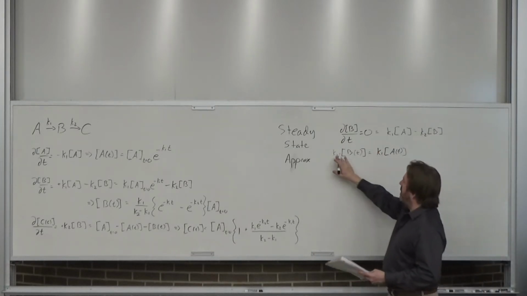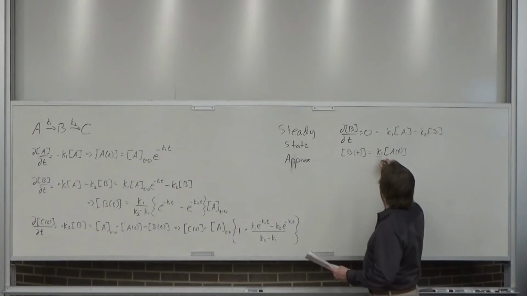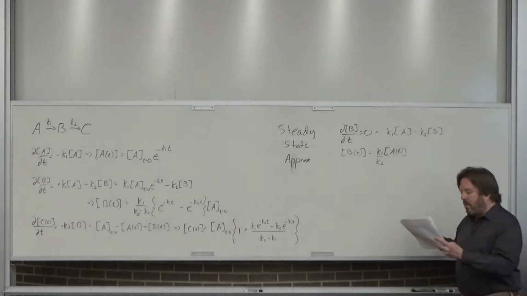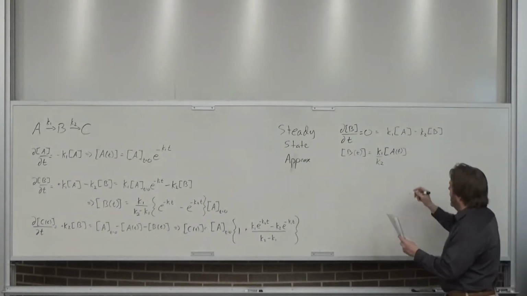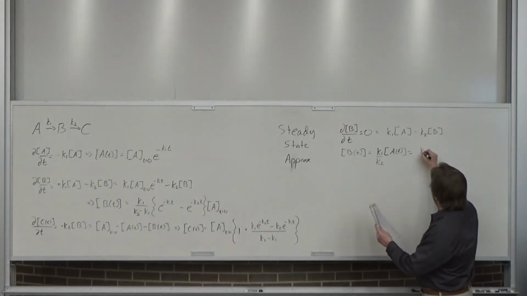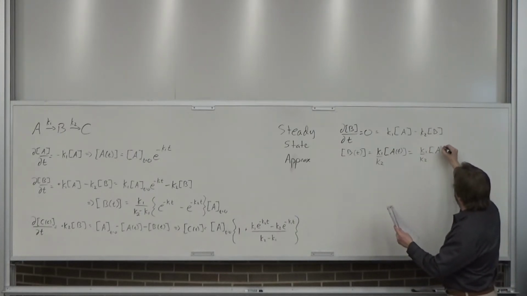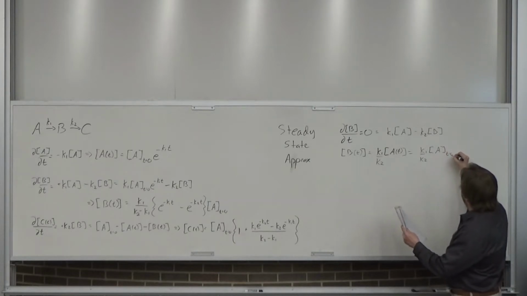Okay, and of course what we're trying to solve is the concentration of B. So there you go, right? And we know what A as a function of time is. You don't need any stupid math tricks to solve that. A first order decay is stupid simple, right? And that's the initial concentration.